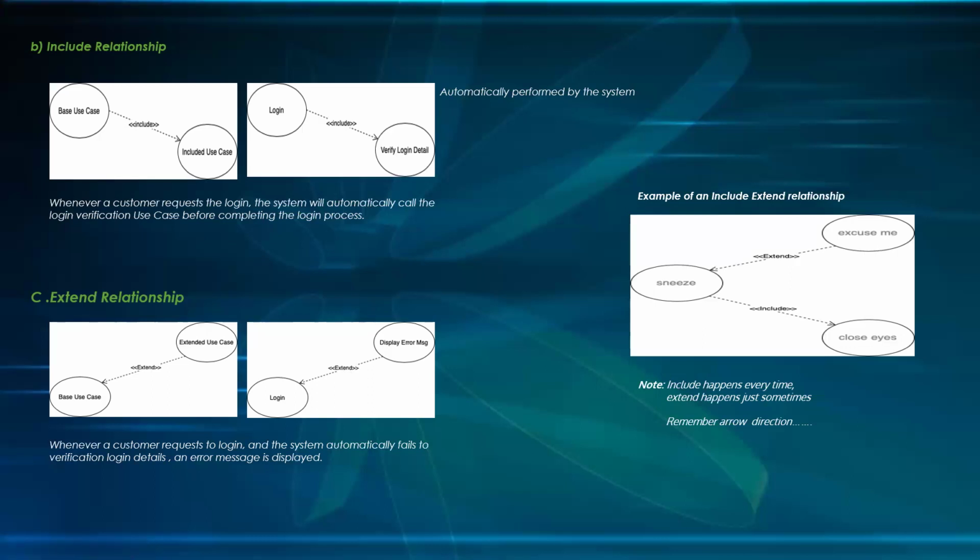For example, you want to log in, you don't always forget your details. But in case you forget, that's where the extend use case will come in, because it doesn't usually happen. Does it make sense?